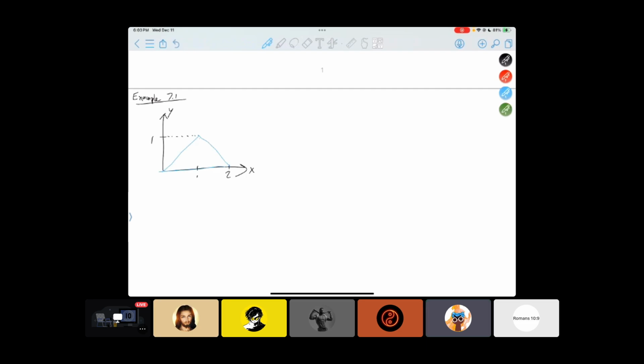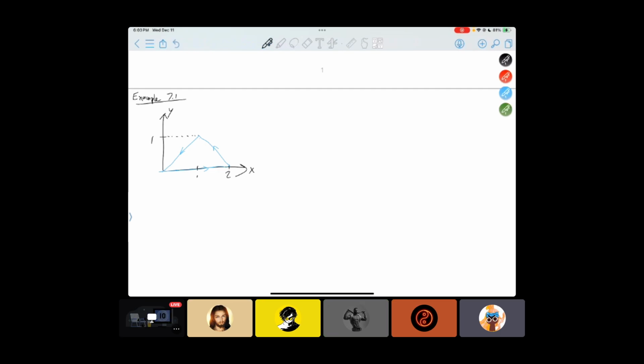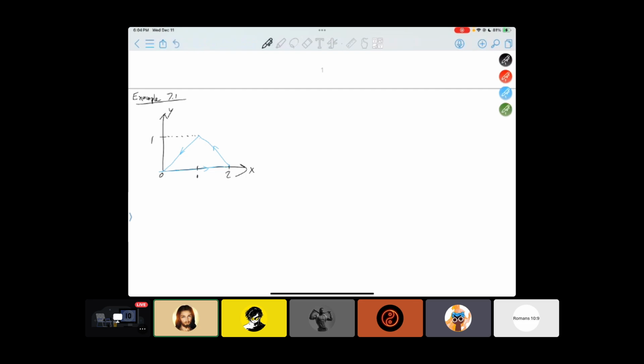We're going this way. So we have this, and this is 10 amps right here. This is side 1, 2, 3.